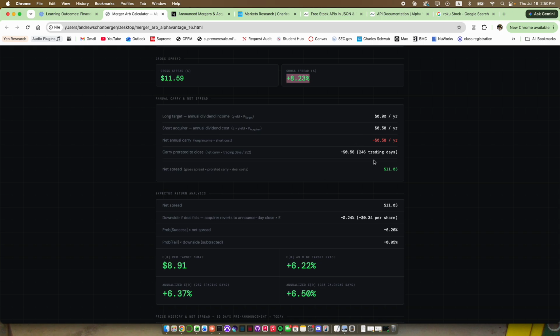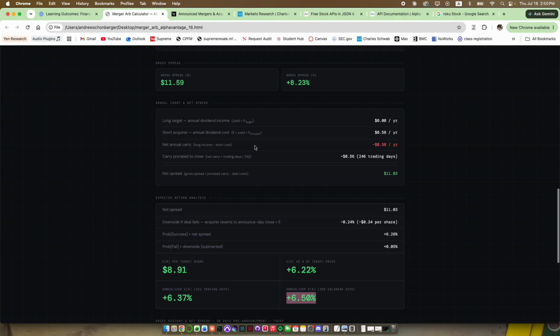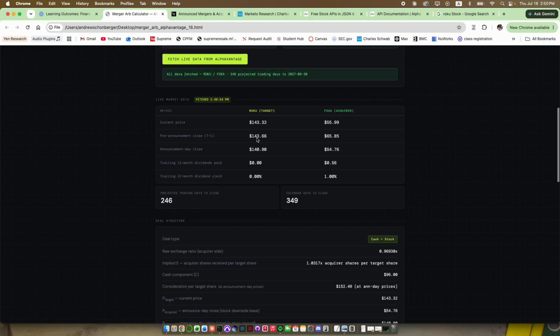you can calculate what your expected return is going to be. And this is calculated by subtracting out any additional costs to make the arbitrage happen, including paying dividends out. So if you're buying Roku, if you're long on Roku and then you're short on Fox, you can see they have a dividend that is expected to be paid going forward.